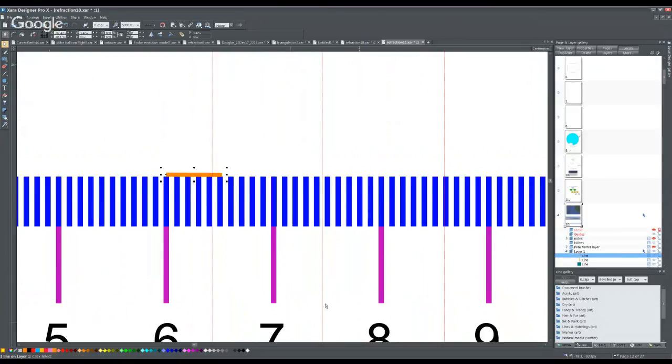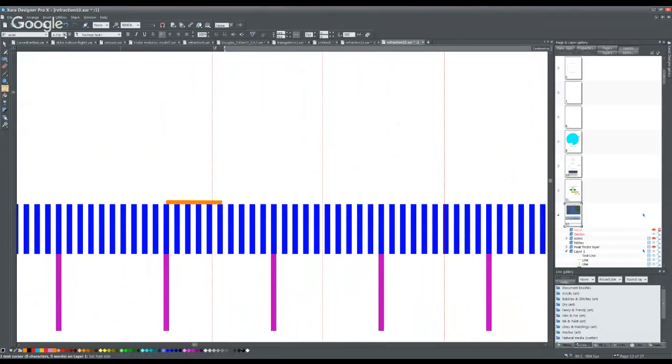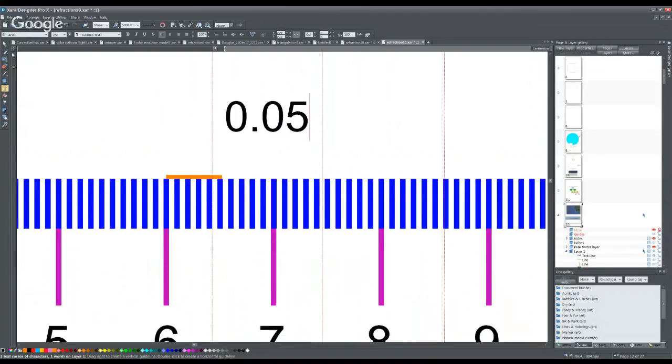So the calculation, if you know your circular geometry, is 0.005 degrees. Let me just check that.